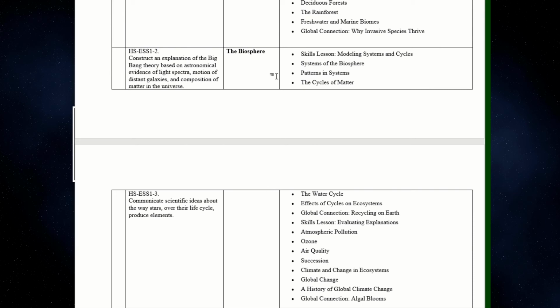These contents are covered in this standard. You have to check all these things. We can even cover community, scientific ideas and life cycle. This standard is about the effect of cycles on the ecosystem, so it can be more than one standard.